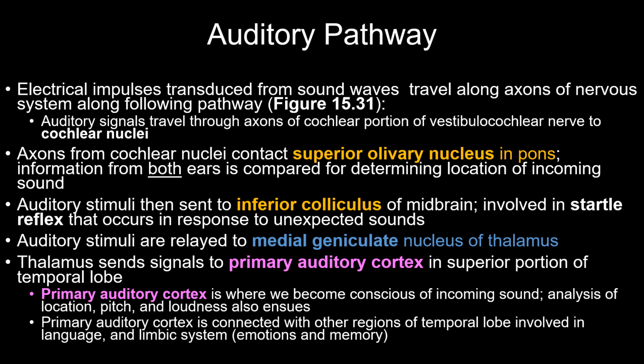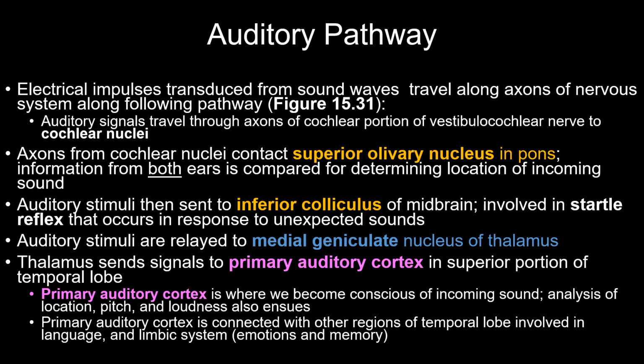The auditory stimuli are then relayed to the medial geniculate nucleus of the thalamus. And the thalamus's role in human hearing isn't 100% clear, but it appears to be mostly important for processing combinations of sounds according to their frequency and their time interval.